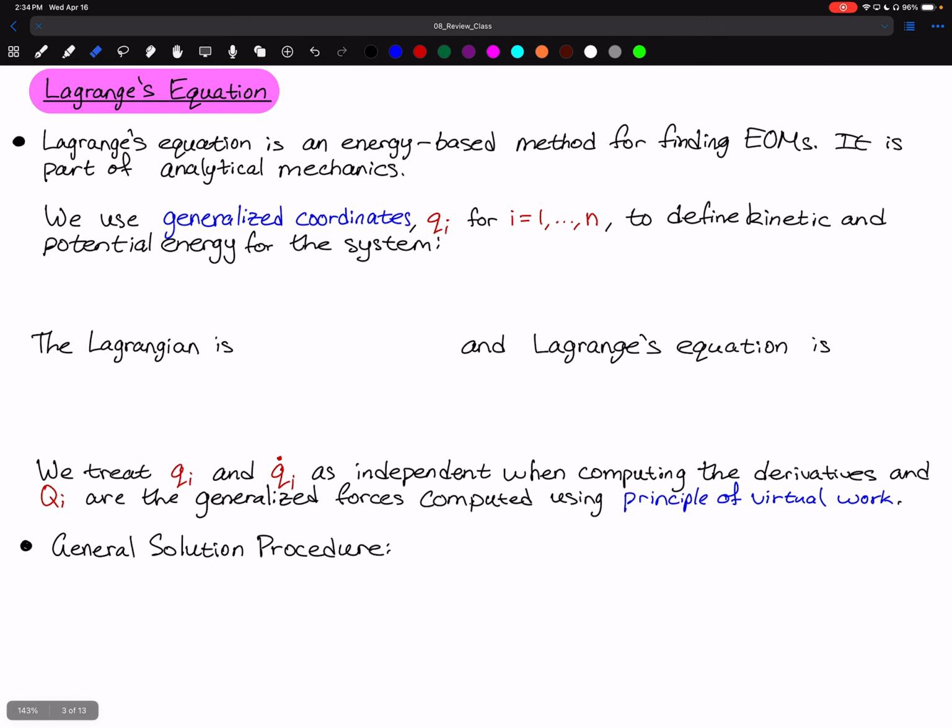So we wrote that our kinetic energy T will be some function of the generalized velocities q1 dot up to q sub n dot. And our potential energy is some function of the generalized displacements q1 and q2, comma, up to this q little n.